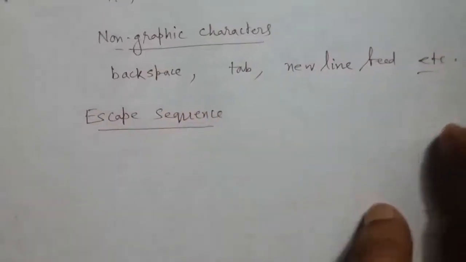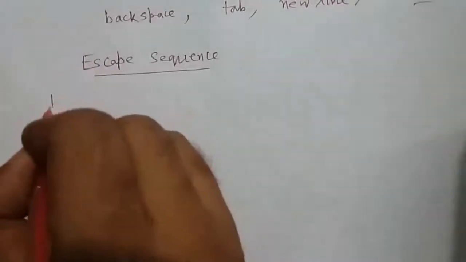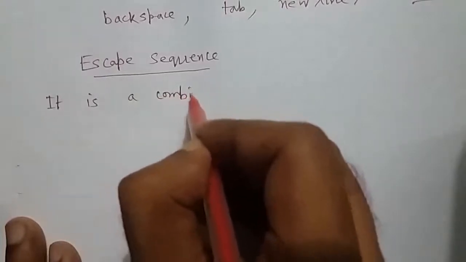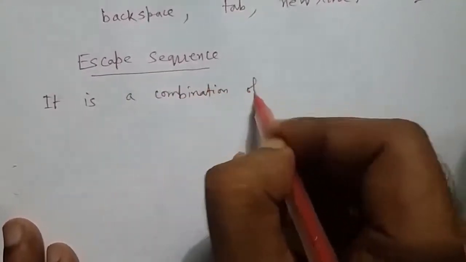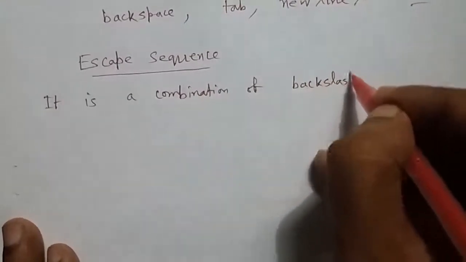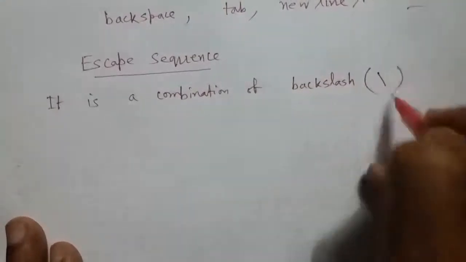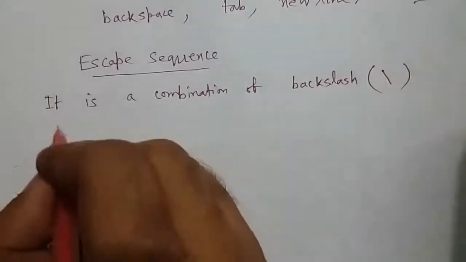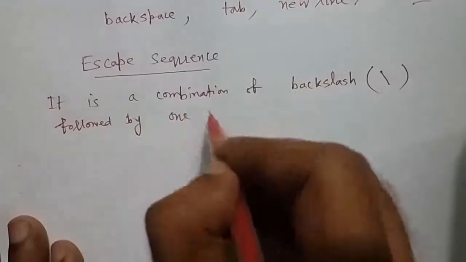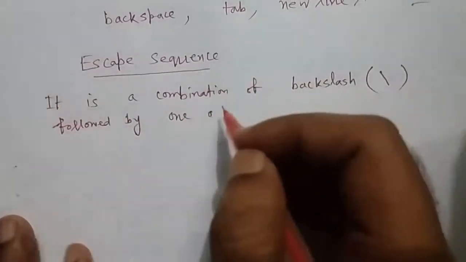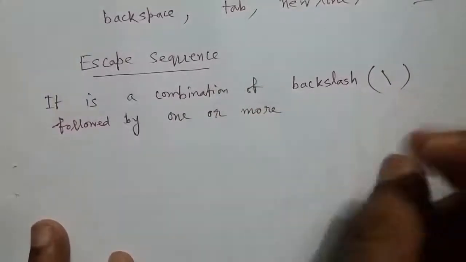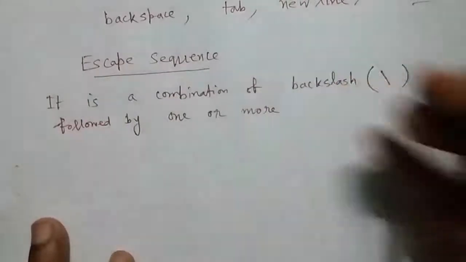So what is escape sequence? I am writing the definition. It is a combination of backslash, that means this sign, followed by one or more characters. That means after the backslash there may be one character or more than one character.